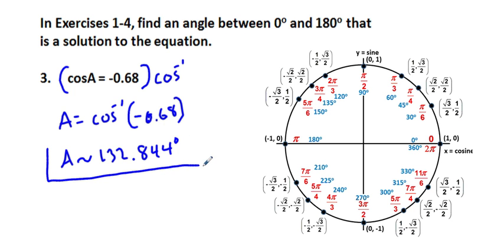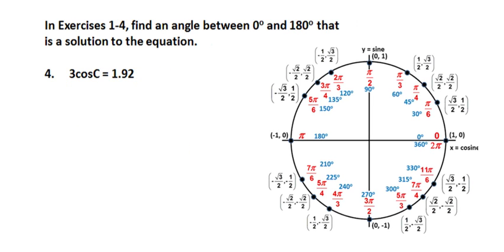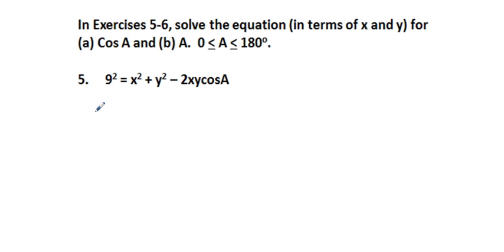Okay, so that's going to be over there somewhere. 132 degrees is kind of close to 3 pi over 4, 135 degrees, so in that neighborhood. And why are we doing this exercise? Because we're going into a chapter where we're looking at law of cosines. And to use law of cosines, we're going to be finding an angle by taking the inverse cosine.